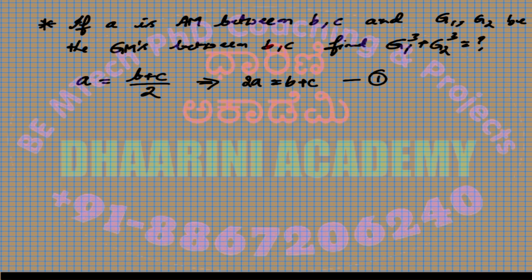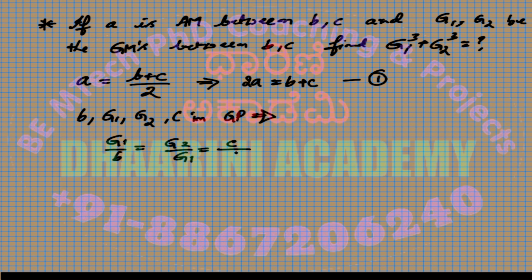Then we know that there is a GP present. What is a GP? That is B, G1, G2, C. This actually is in GP. This is given, right? So this means I can take the ratio, that is G1 divided by B should be equal to G2 divided by G1 should be equal to C divided by G2.